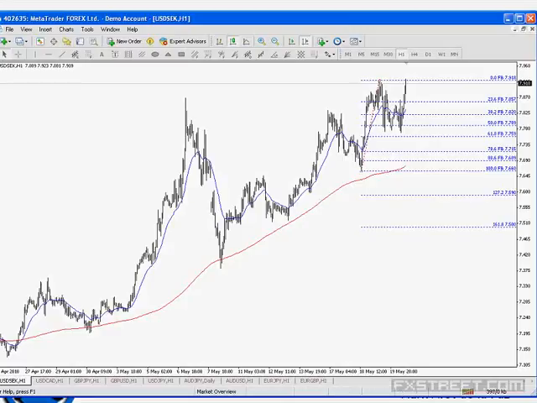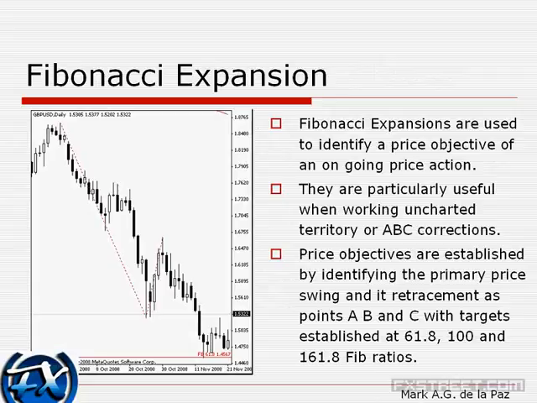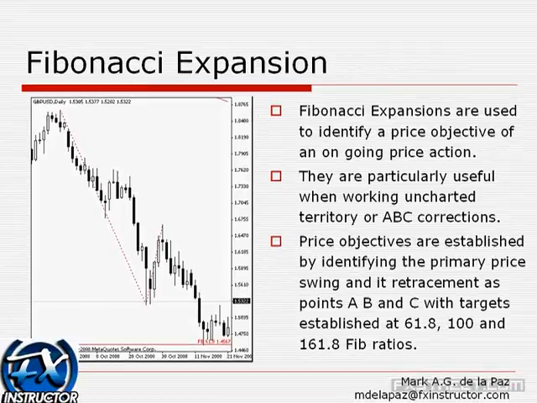Let's just go to the next module, and then we will get back to how to calculate TP using fib expansion. All right, actually, it looks like our next module is fib expansion. So basically, fib expansions are used to identify the price objective of a rally. They're very useful when working with uncharted territory or when you're dealing with ABC corrections.